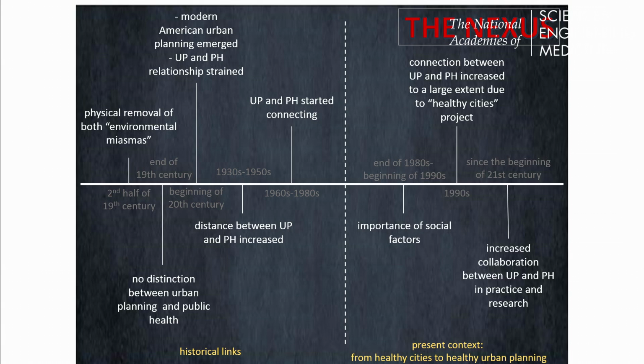However, both fields started coming together in the 80s, especially in the 90s, with the Healthy Cities movement, which started in Europe and emphasized the importance of social determinants of health. Since the beginning of this century, we have been doing a pretty good job working hand in hand. However, there is always room for improvement. So I'm glad that I'm here and talking about planning and health.